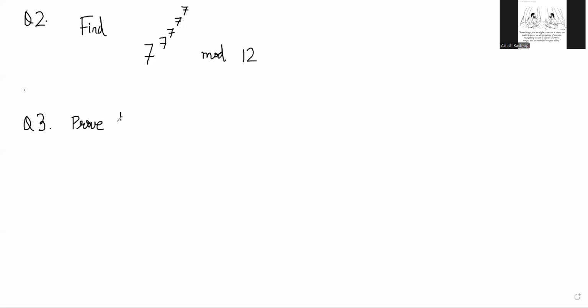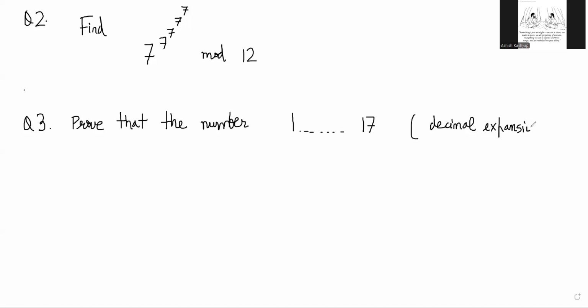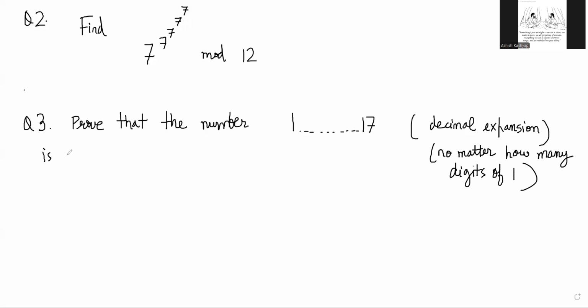Prove that the number 117, this is the decimal expansion, and there are a lot of ones here, no matter how many digits of one, is not a perfect square.